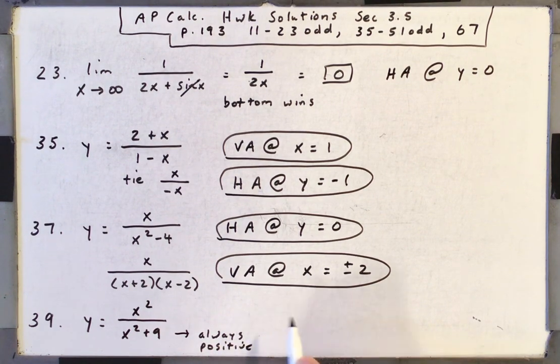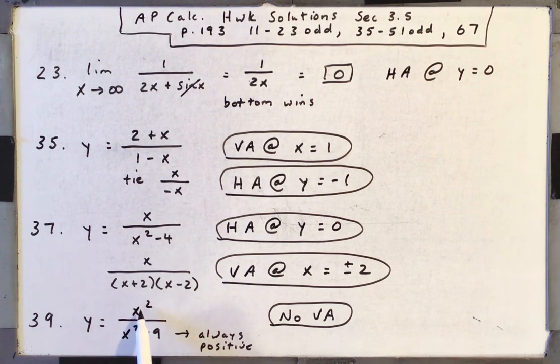So when that's the case, we would have no vertical asymptote if the bottom never hits 0. However, we do have a horizontal asymptote, right? Because we have a tie, x squared over x squared. We use the coefficients, 1 over 1. So we have a horizontal asymptote here at y equals 1. Now don't put just 1, put y equals.